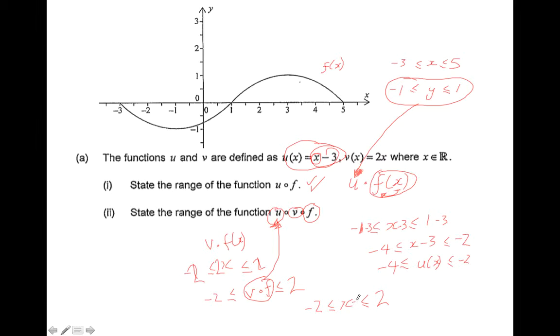And so when we subtract 3 here, and here, that's -5 is less than or equal to u of v of f, which is less than or equal to 2 subtract 3, which is -1. There are other ways you can do it, but I think that's the easiest way.